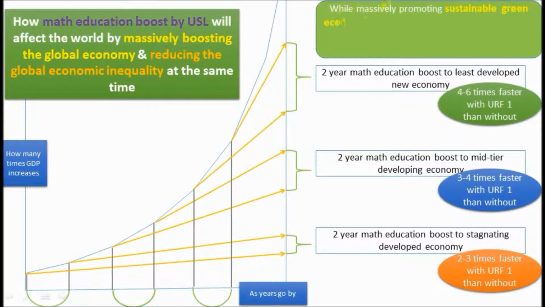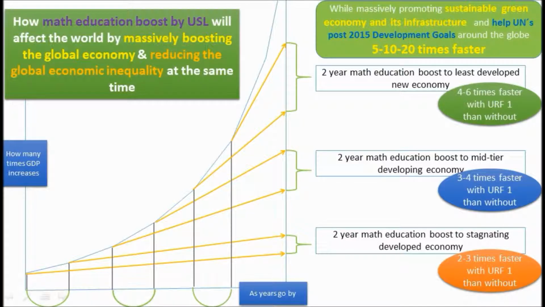And while this is economically developing the world, at the same time we are promoting sustainable green economy and its infrastructure, which is a big part of helping the United Nations post-2015 development goals. Again, 5, 10, 20 times faster.